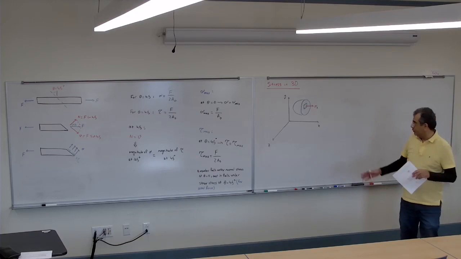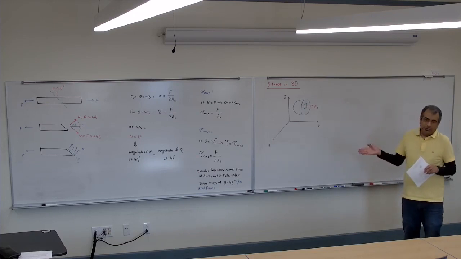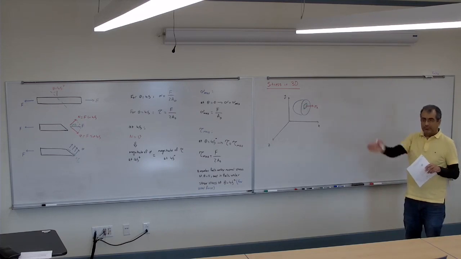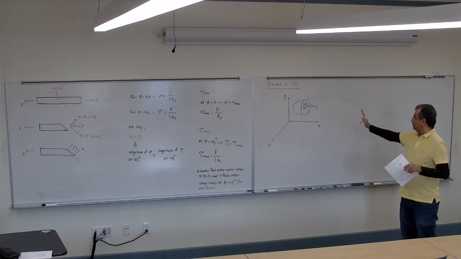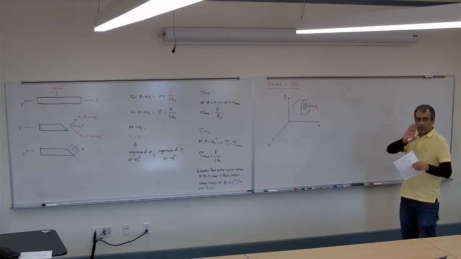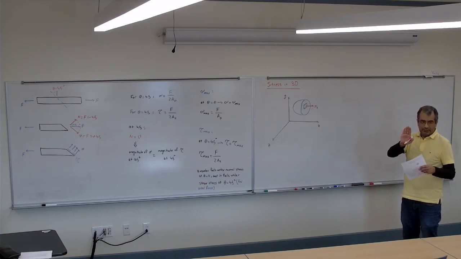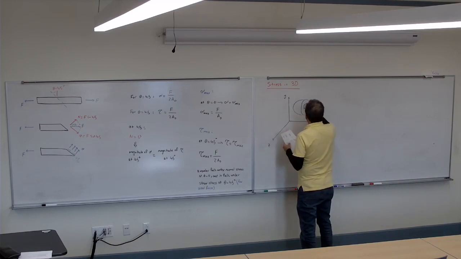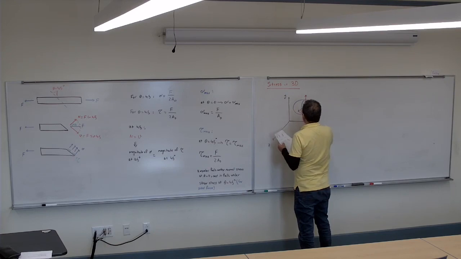So I can only have two shear forces: one going up and down, or one going into the board or coming out of the board. Correct? So I can have two shears, one in the direction of Y, and one in the direction of Z.